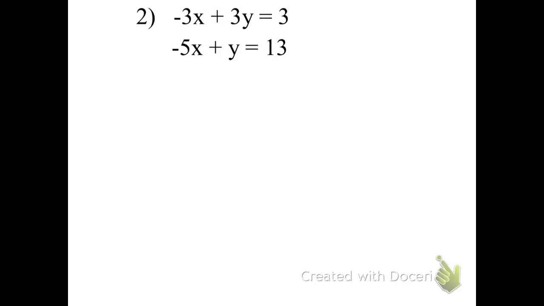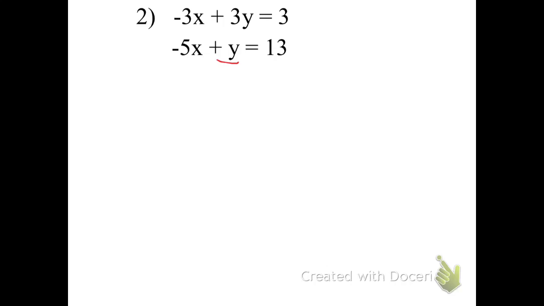And I also notice that here I have -3 and -5. Those really aren't easy. It's not a single calculation to get those to be the same coefficient. I have to multiply both equations. But if I look at y here and 3y there, I could multiply the bottom equation by 3 to get those to match up, and then eliminate from there.